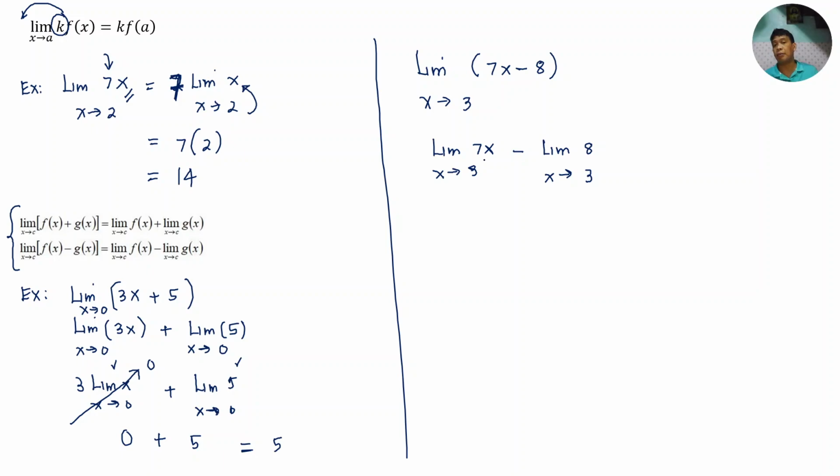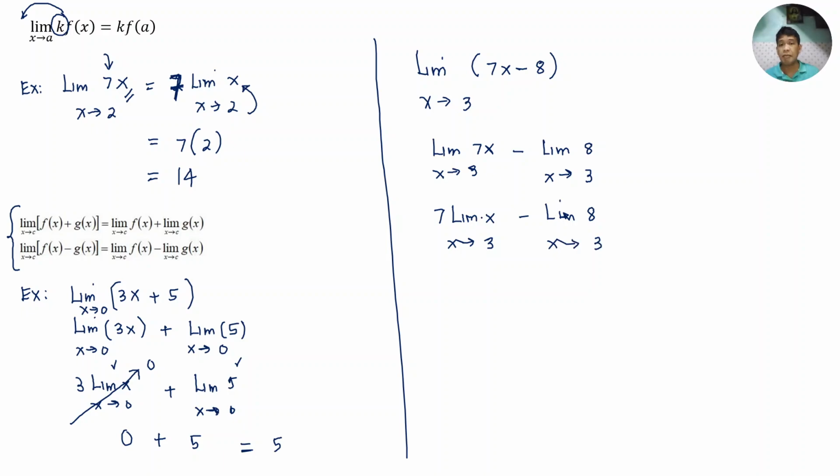Then we will apply theorem number 3. Yung constant, ilalabas lang natin. So, 7 times limit of x as x approaches 3, minus limit of 8 as x approaches 3.